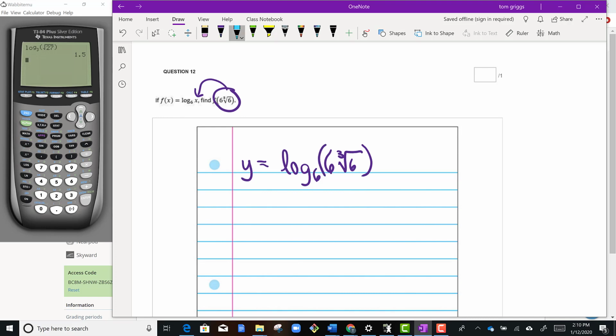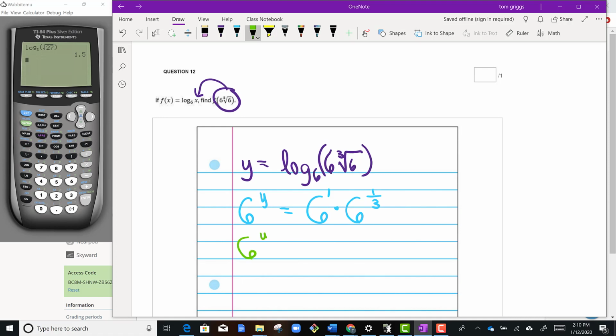So I want to convert this to exponential form, which would be 6 raised to the y power equals 6 times the cube root of 6. The 6 times the cube root of 6 is the same thing as 6 times 6 raised to the 1/3 power. When we multiply two like bases, then we add the exponents.